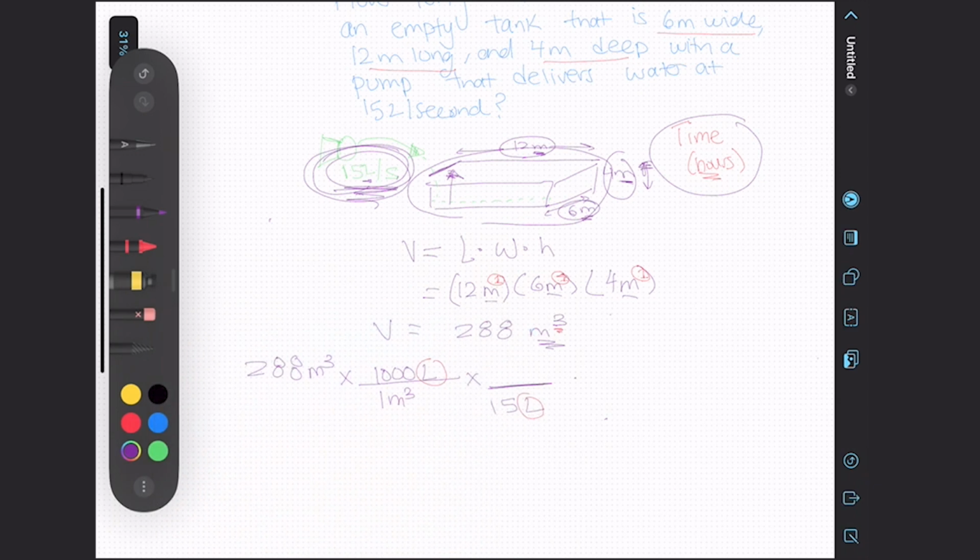And per second, that's what we're given. And I know that eventually I'm going to have to find the time in hours, so the second is going to have to be converted to hours. So let's do that right now. I know that in 1 hour, there's 3,600 seconds. So that is 1 hour.